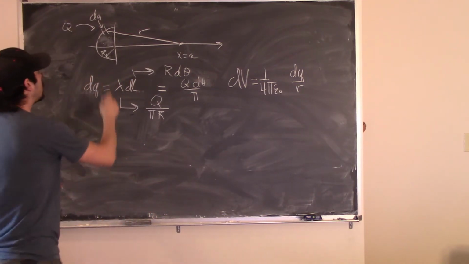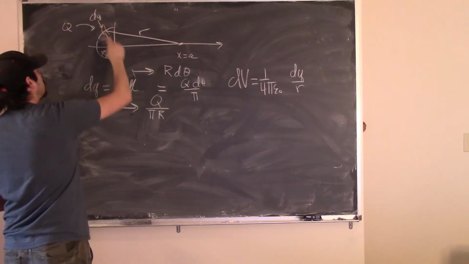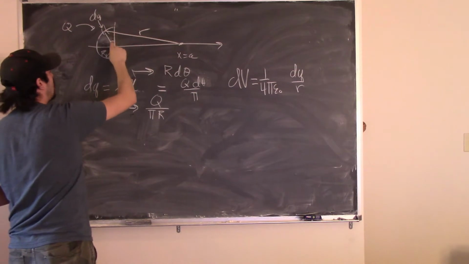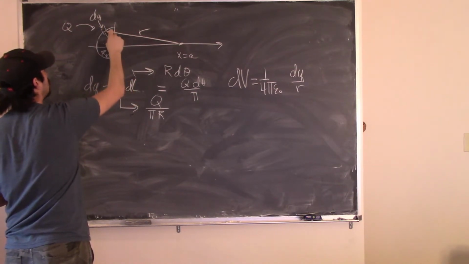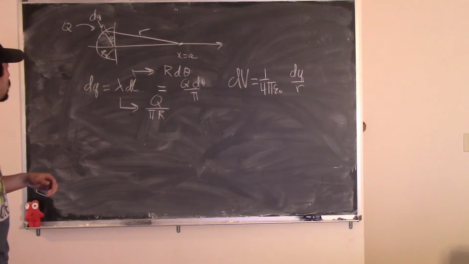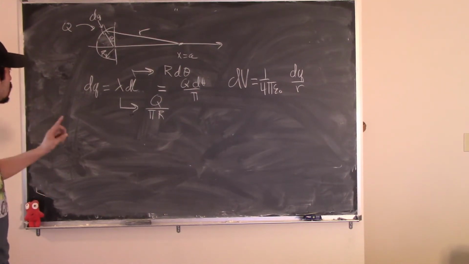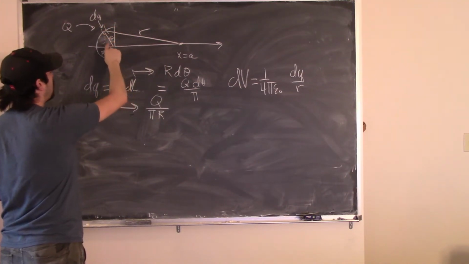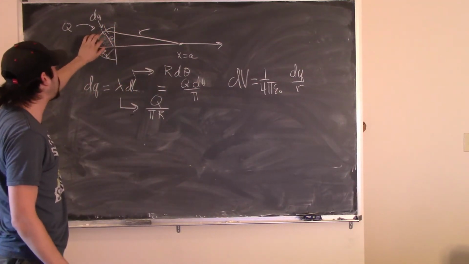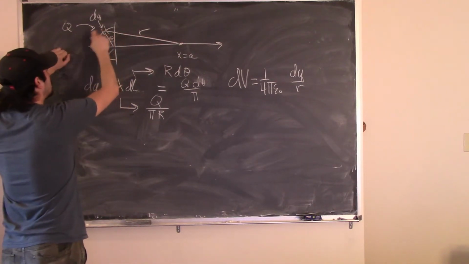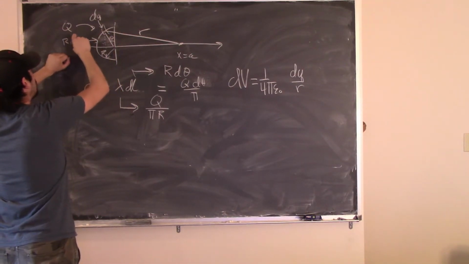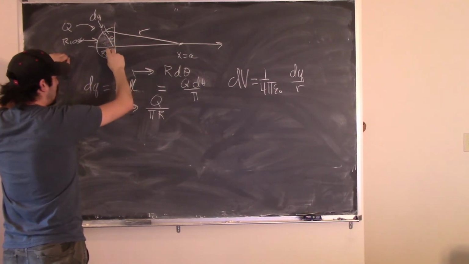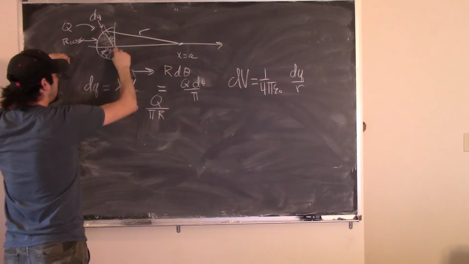So I'm going to say this is some distance r that connects the origin to the arc of the circle, and there's some angle theta here. Now there's going to be a y portion that can be represented as r times the cosine of theta, and an x portion that I can find to be r sine of theta.